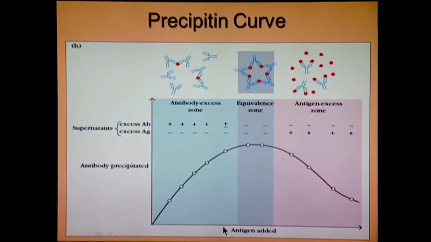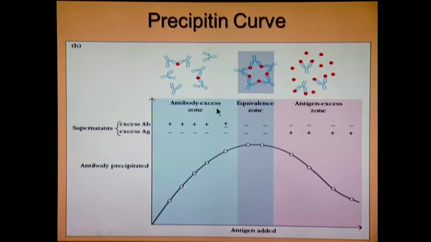Initially there will be less antigen but excess antibody, since the concentration of antibody is fixed. In case of excess antibody, the antibody molecules will bind to the antigen individually. They will not form a lattice, so no precipitation will take place.